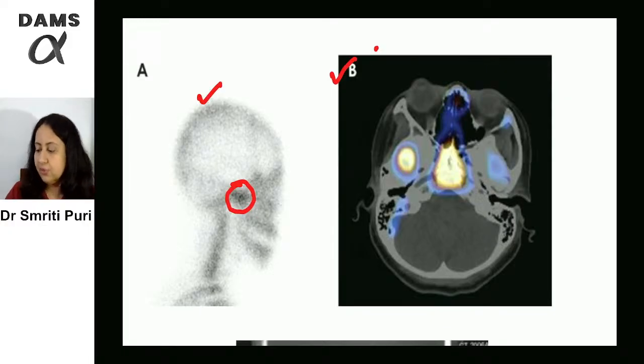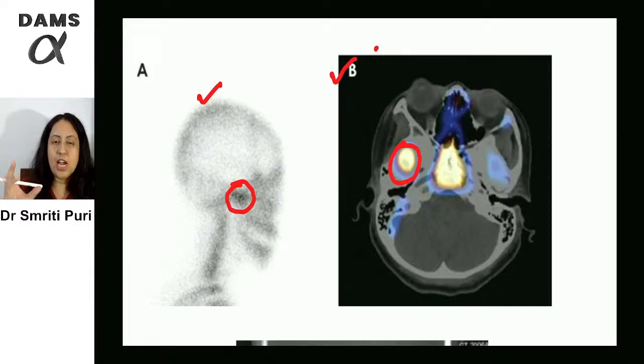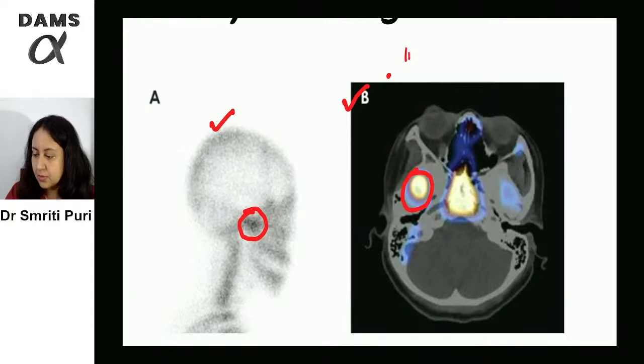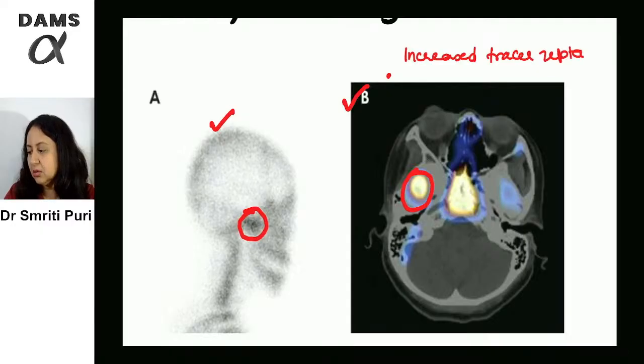And if you see here, this area is shiny bright. There is orange fluorescence. So this signifies increased tracer uptake.